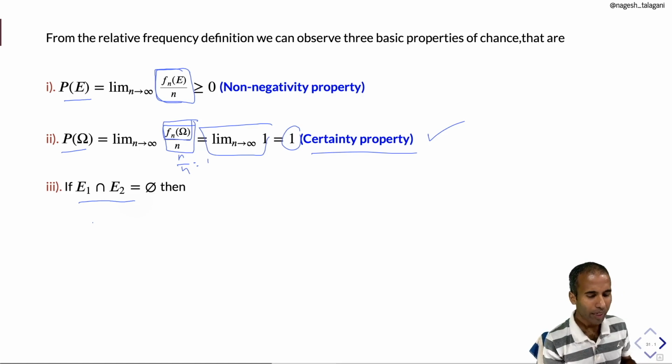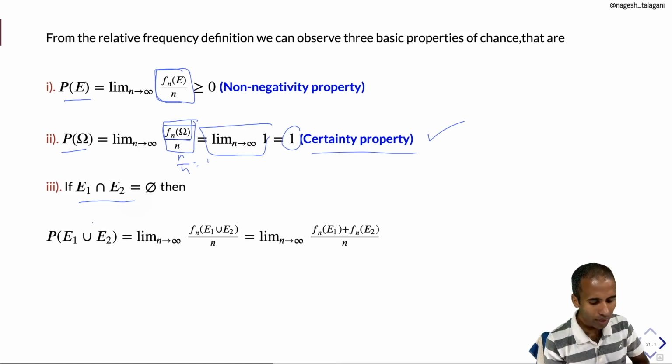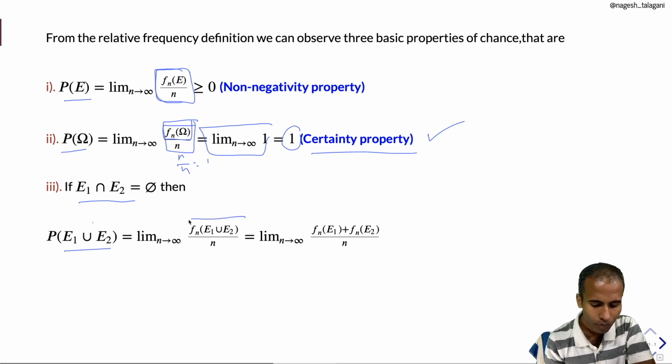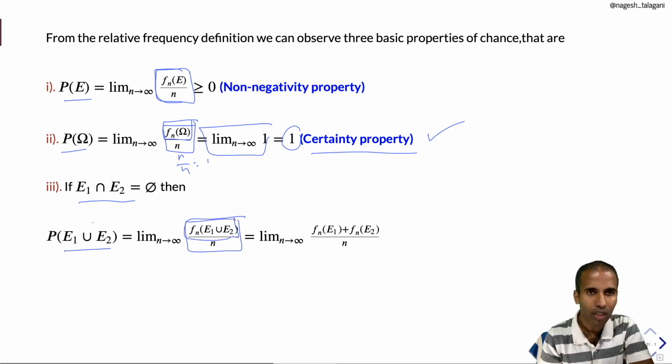Then the probability of E1 union E2, according to the relative frequency definition, is the limit of the relative frequency of E1 union E2. Here the numerator is the frequency of E1 union E2, that means the number of times E1 or E2 happen in n trials.